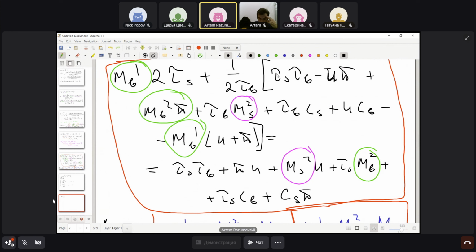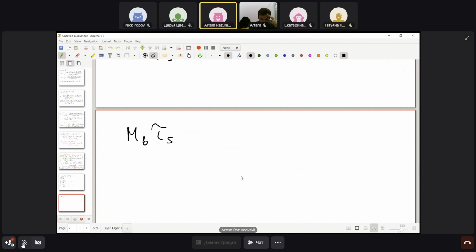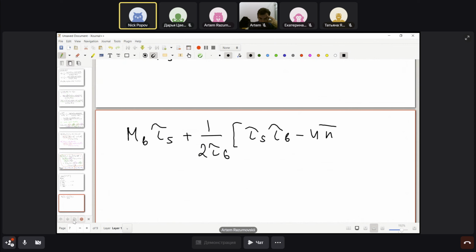What we'll have inside, so constant. Let me firstly rewrite the constant. So it's tau s, tau b, minus u b. The coefficient before the MB should be just like minus U.